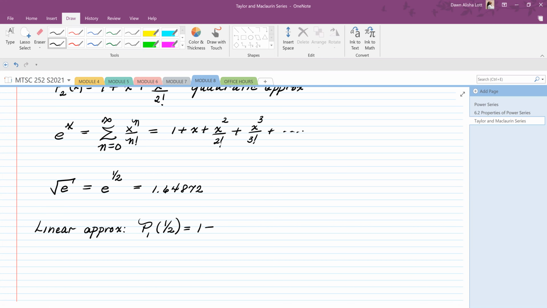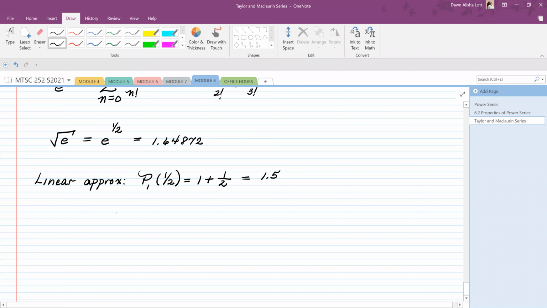So that's going to be 1 plus x, or 1 plus 1/2. And the linear approximation is 1.5. Not too bad.